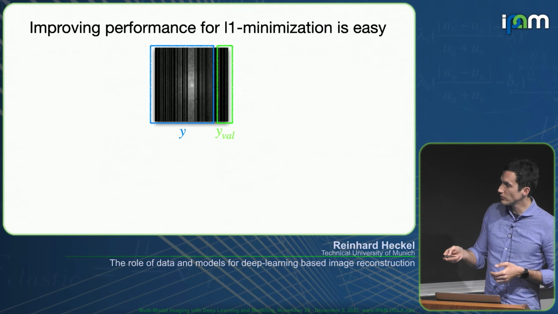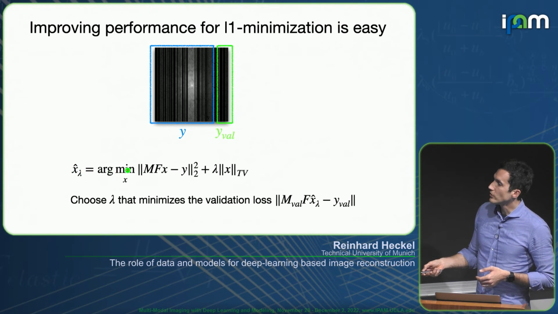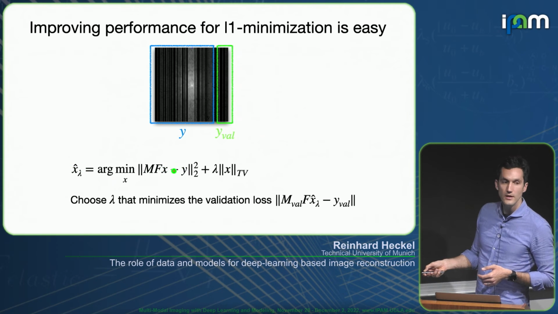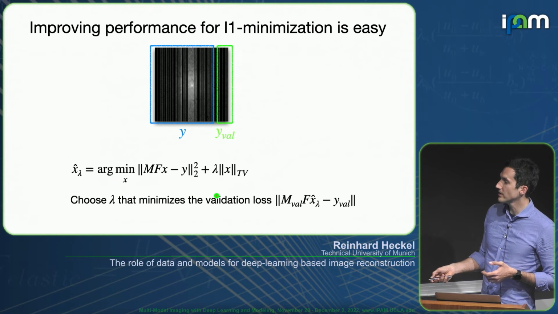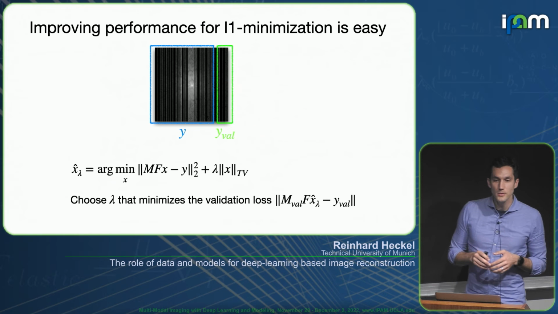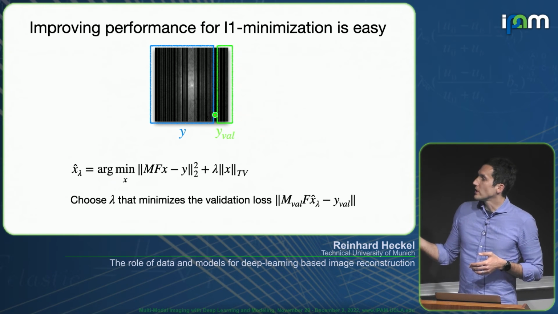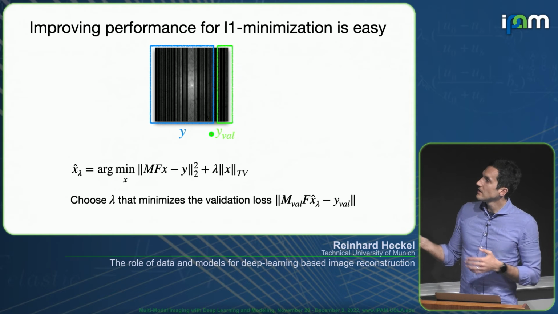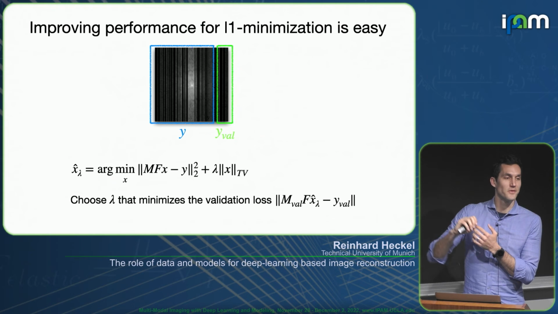Then you train your method: you reconstruct based on Y, and you choose the regularization parameter that minimizes the validation loss, so the loss computed on those frequencies. That gives you a reasonably good estimate of how well you perform, of what your reconstruction error is. And that allows you to improve the performance for L1 minimization significantly.